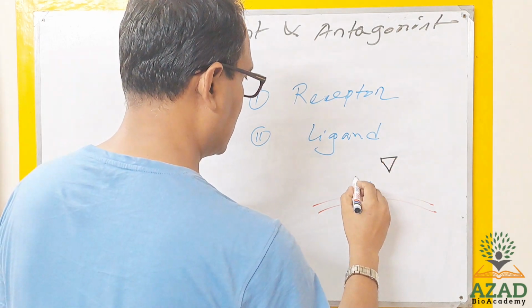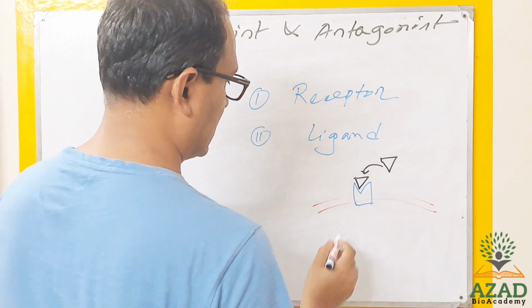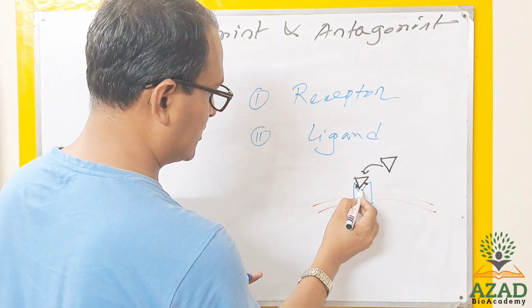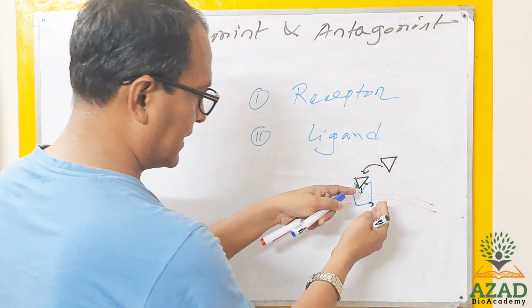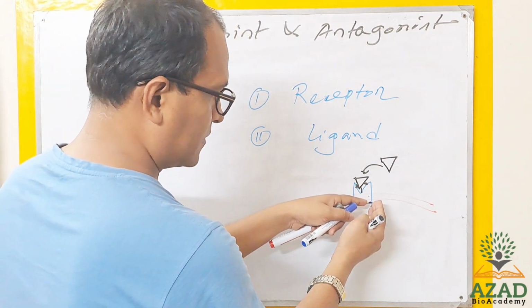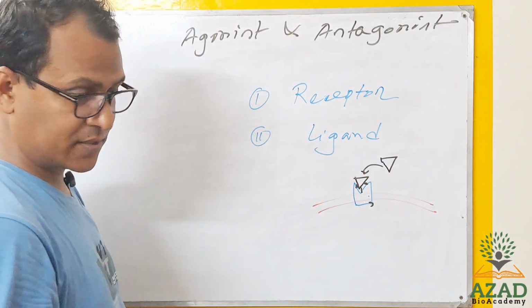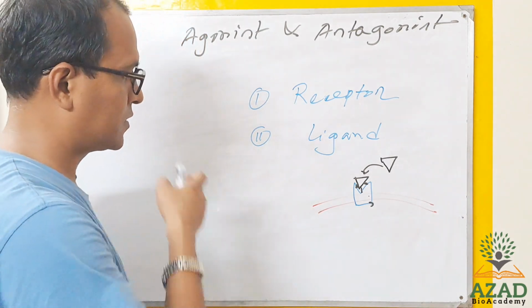So here it will come, form a bond with the receptor, and change the conformation of this receptor. And with the receptor, some enzyme or ion channel or some proteins are attached that will be activated, and it will give the biological response.